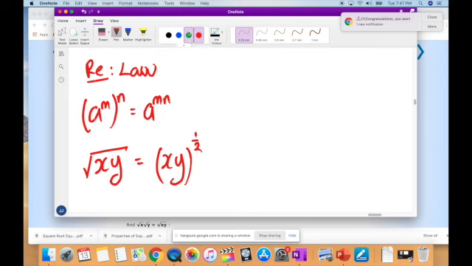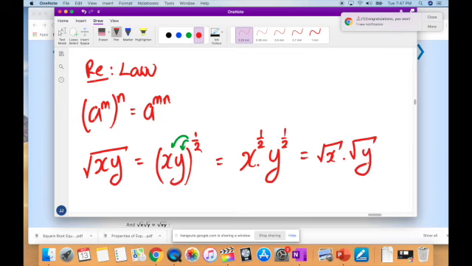And remember that the half is being multiplied by that 1, and the half is being multiplied by this 1. So therefore I will get x to the half times y to the half, which is the square root of x times the square root of y. Make sense?